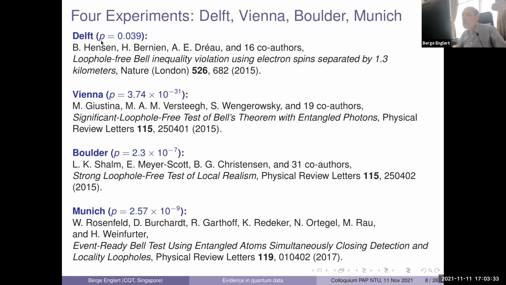And even in the Delft experiment, which doesn't have a lot of data, we have very strong evidence in favor of quantum mechanics and against local hidden variables. But there are some residual probabilities for the local hidden variable case, just because they don't have much data.